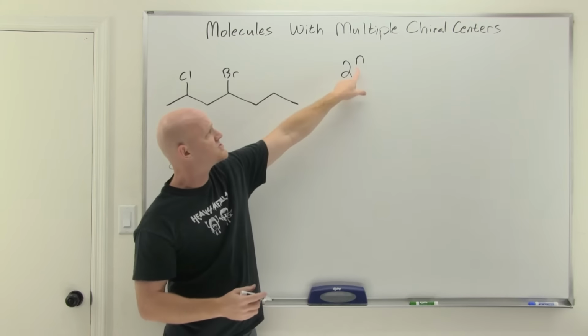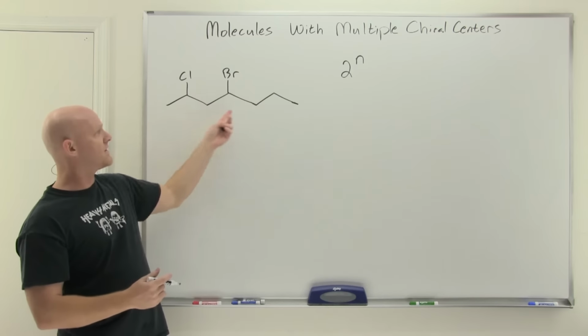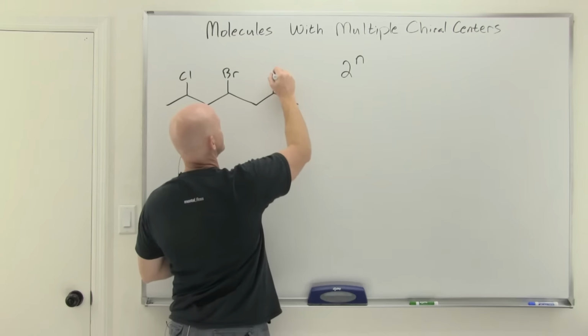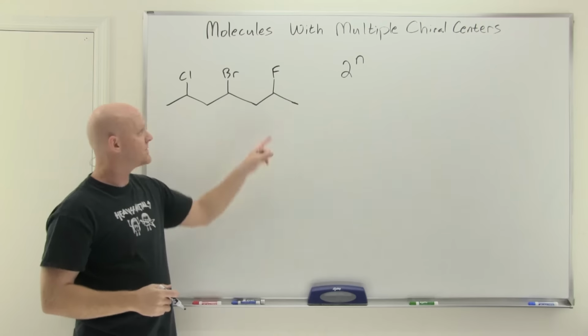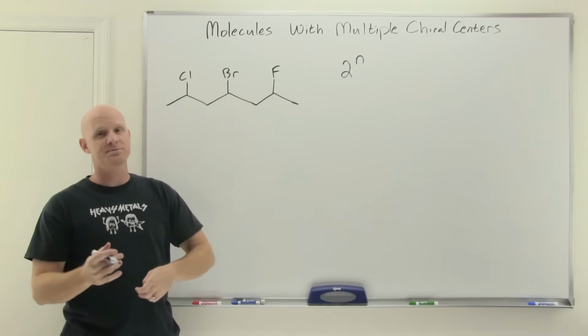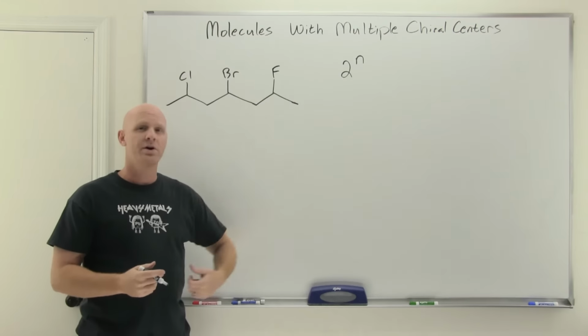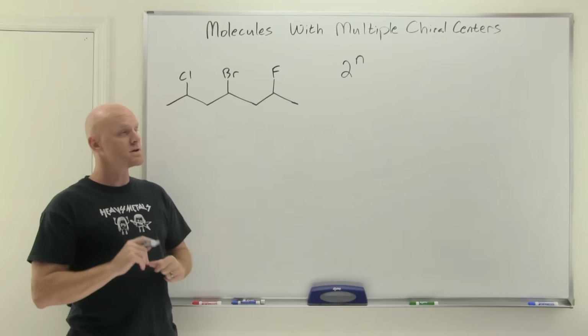And so in this case, with 2 chiral centers, we figured out it's going to be 4 possible stereoisomers. With 3 chiral centers, let's say we put a fluorine right here, now all of a sudden we have another chiral center, and it'd be 8 possible stereoisomers. It's always 2 times 2 times 2 over and over again, with a couple exceptions, as we'll see.